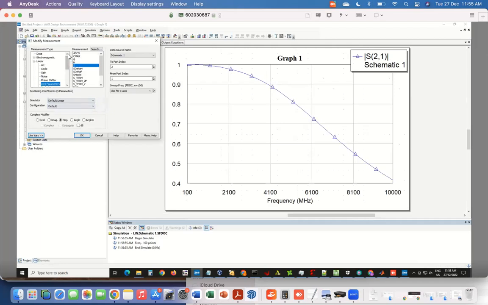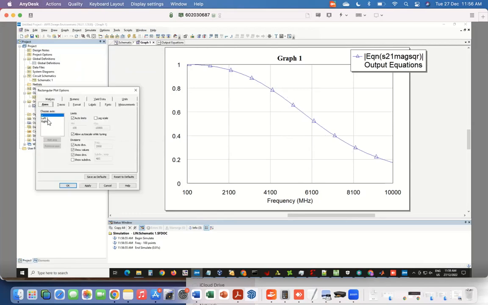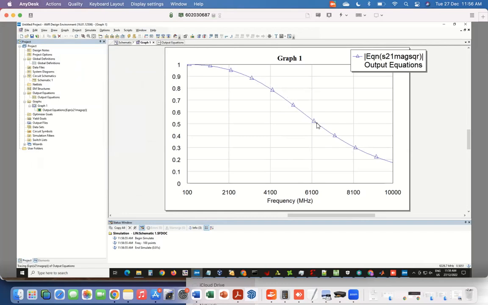I'll just plot that now. So the half point is somewhere around here. It's saying 6.3 gigahertz.